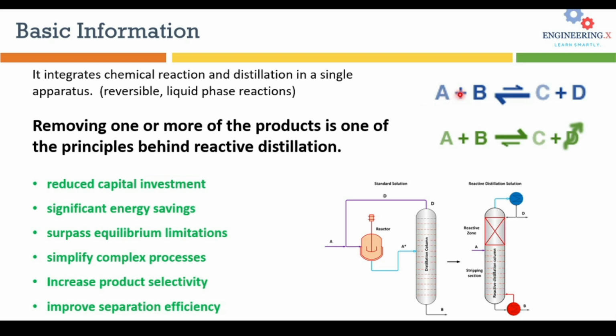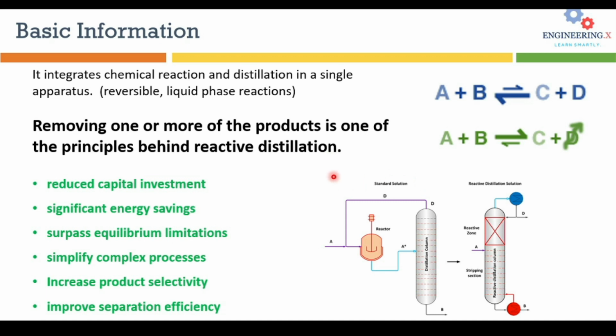So for this kind of reaction, if we remove one of the products continuously from the reacting system, then according to the Le Chatelier principle, the reaction will continue in the forward direction and more product will be formed. So this is actually one of the basic principles behind reactive distillation.